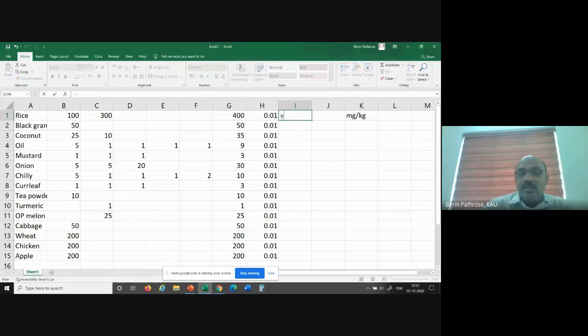This should have been in kg, it is in gram. So that's why it is equal to 400 into this.